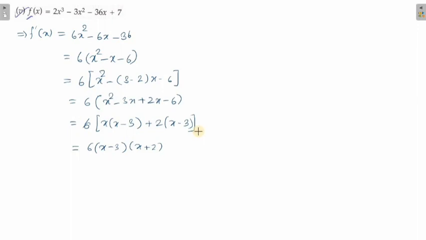The value at which f dash of x is 0 is called a critical point. We call it a critical point.